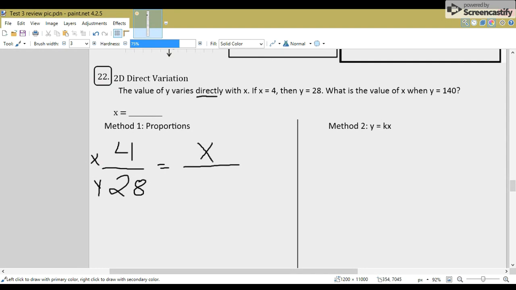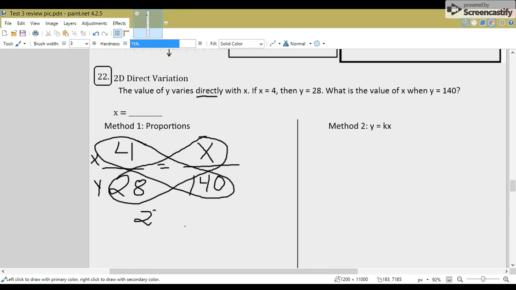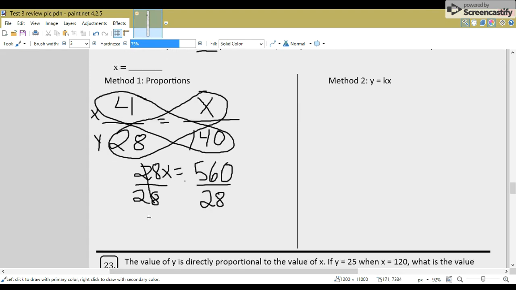X equals, we don't know, with y equals 140. Since there's an equal sign, we could cross multiply. So we have 28x equals 560. Divide each term by 28 to get the x by itself to isolate it. 28x divided by 28 is 1x. So 1x equals 20.